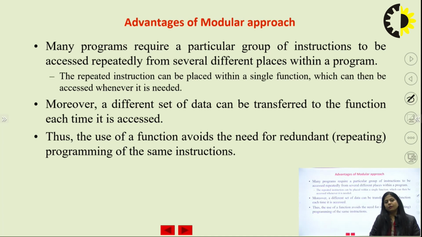For example, I've created a program where I've created a function to calculate the discount, right? At the time of billing, whatever discount we are going to give to the customer, we need to simply select what percentage of discount to provide.